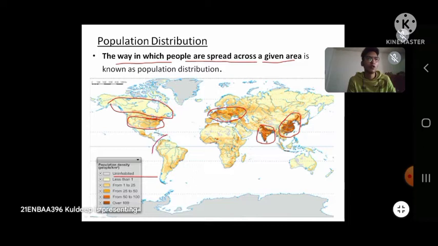South America is also low, and the Sahara Desert part is very less densely populated. This part of Africa is a bit more populated, but still very low. So that is the distribution of population density around the world.